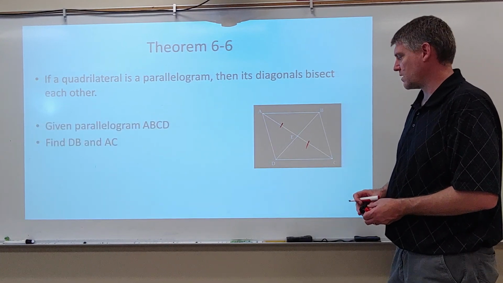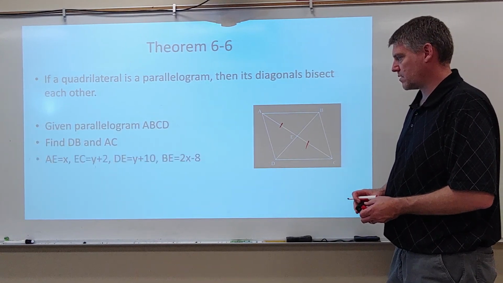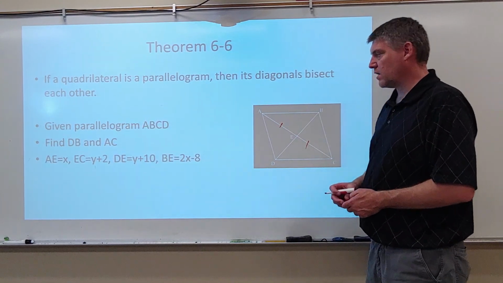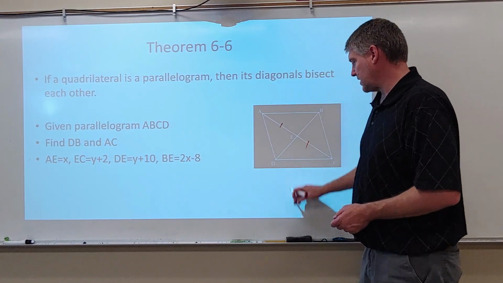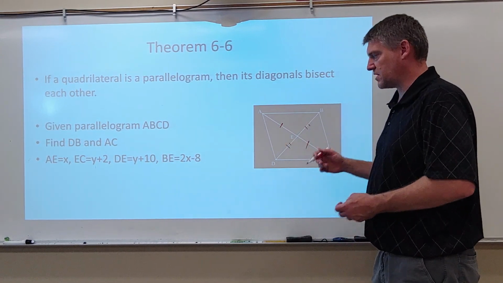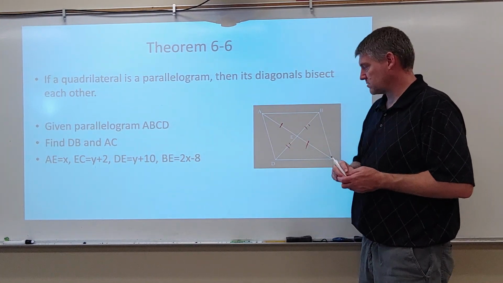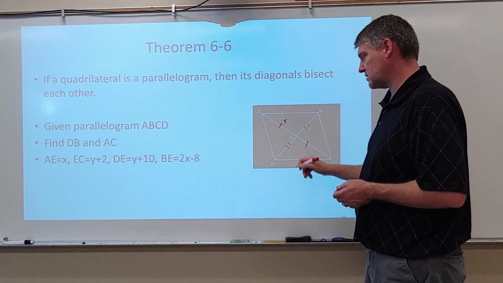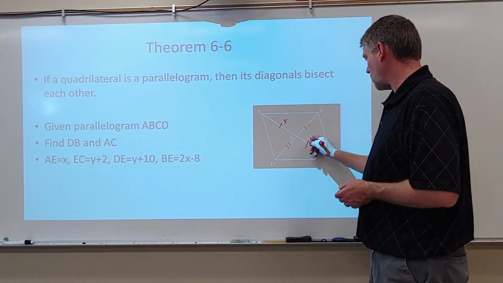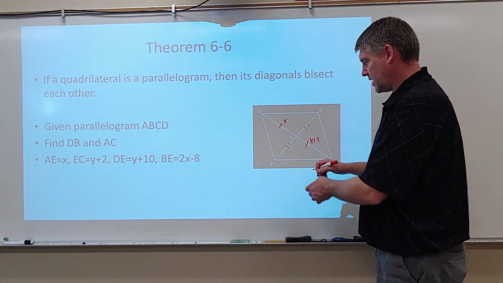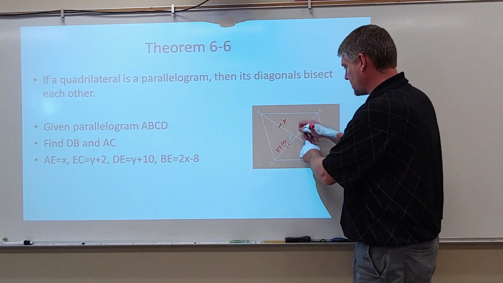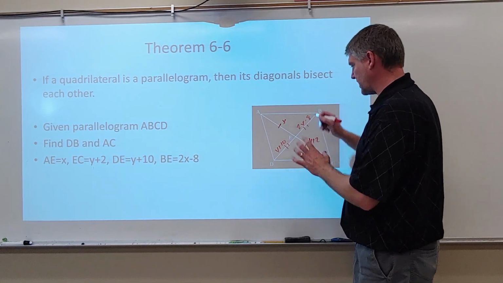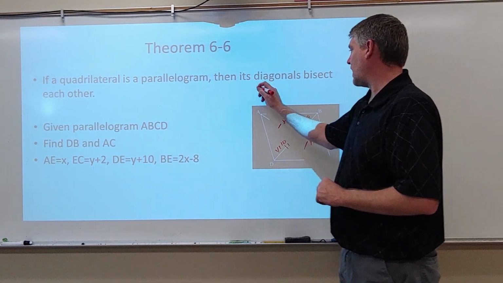Okay, so here I want to find DB and I want to find AC given that all these pieces have variables. So AE is X, EC is Y plus 2, DE is Y plus 10, and BE equals 2X minus 8. So I'm going to set these up.